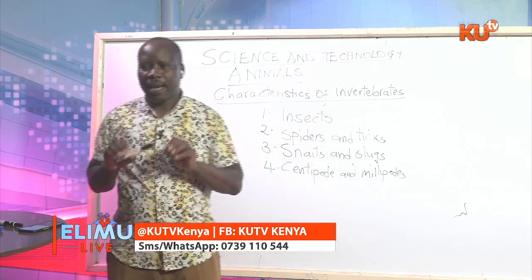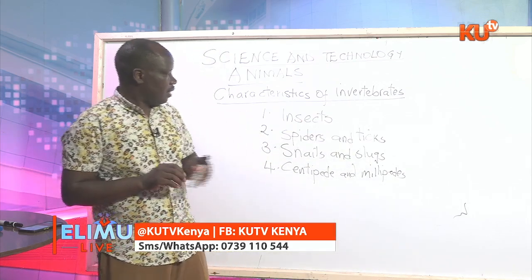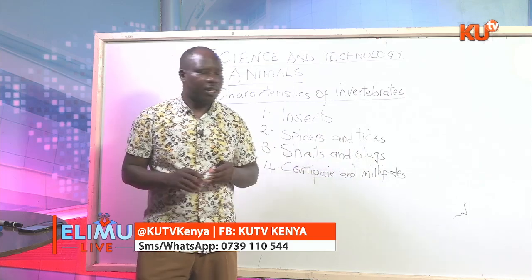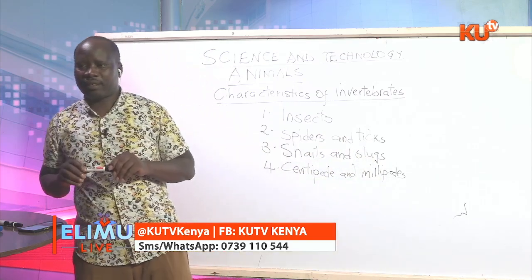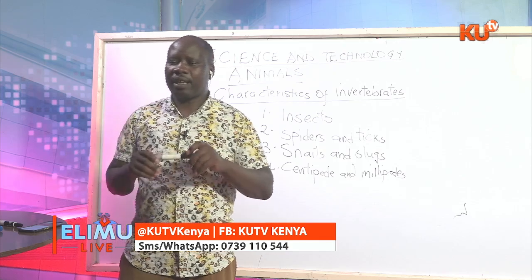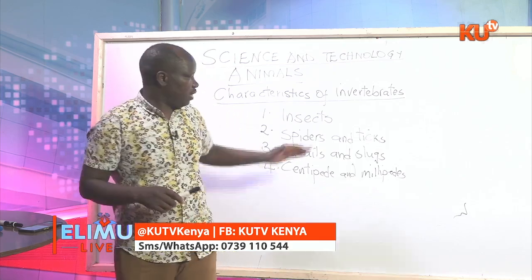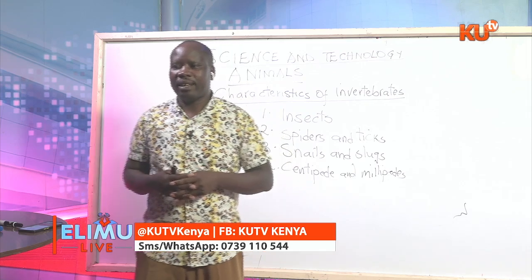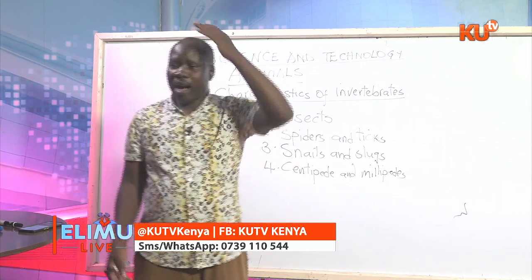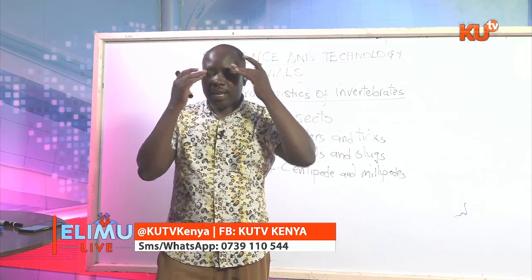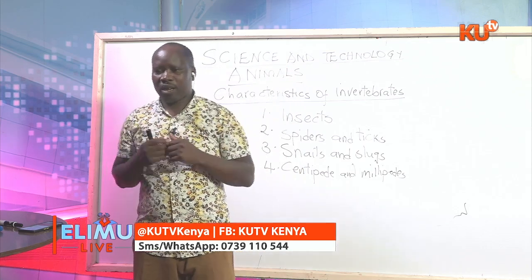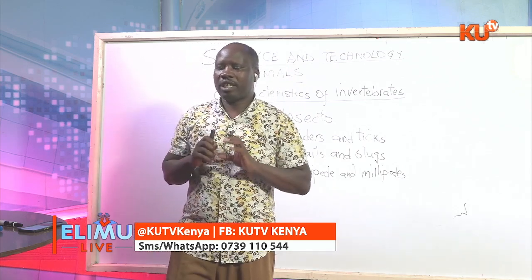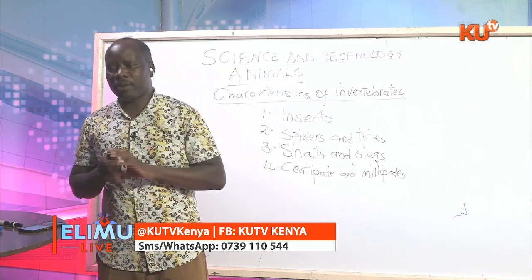Remember, as I stated, these animals are categorized depending on the features or the things that they have in their bodies. For example, I have my hands, I have my head, I have ears, I can walk, I can talk, I have bones in my body, including the backbone.